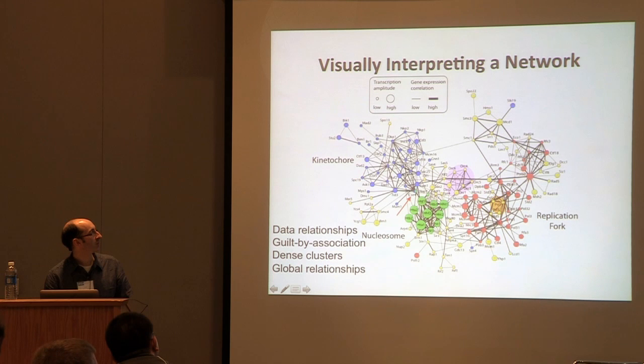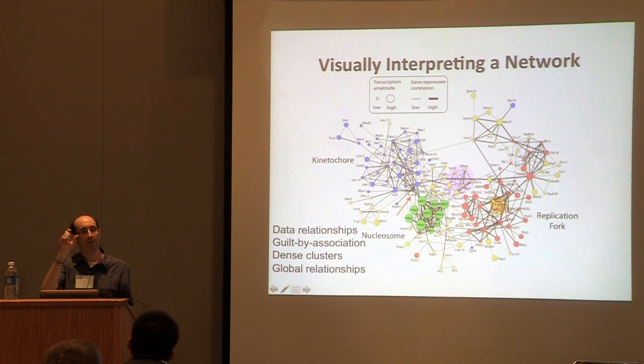I can see here, for instance, there's a module, it turns out it's the nucleosome. All of these genes are expressed at a very high amount at some point during the cell cycle. They're all part of the nucleosome. They're all interacting with each other at the protein interaction level, and their gene expression profiles are also very correlated. So this is a really strong module because it agrees across multiple different types of data.